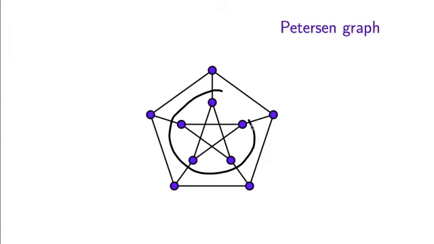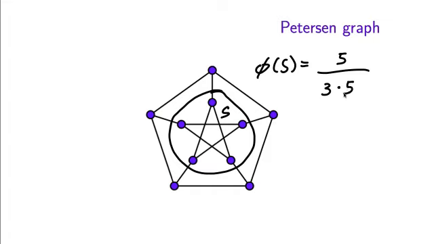Well, this choice of a set S contains 5 vertices, and there are 5 edges that cross between S and the complement of S. So the expansion of this set is 5, which is the number of crossing edges, divided by the degree times the size of S, which is also 5. So the whole thing is 1/3.